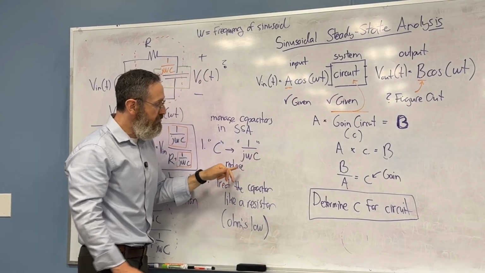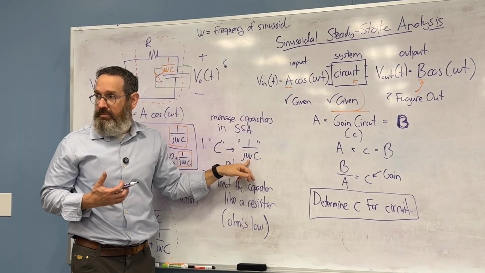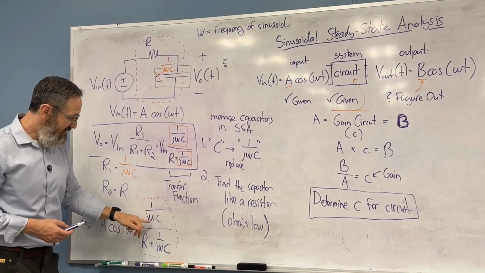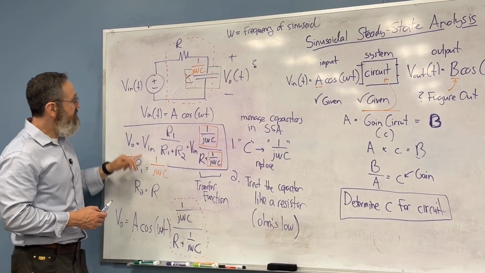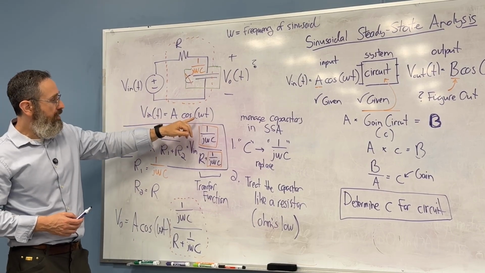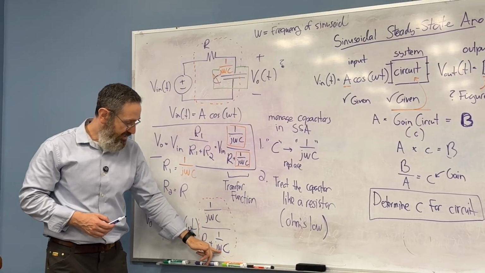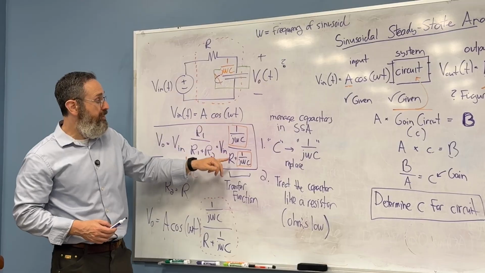So that value is inserted into here. All right? That's this value. That's this number here. If the input, for example, was 10t, I would insert a 10 and a 10. The capacitance is also, by the way, a number, right?